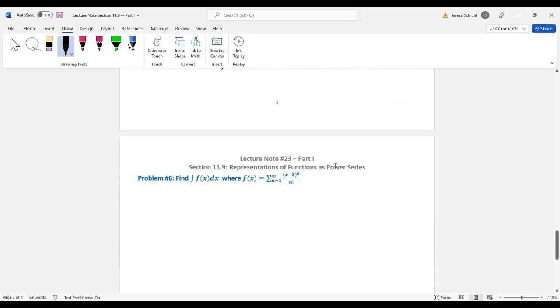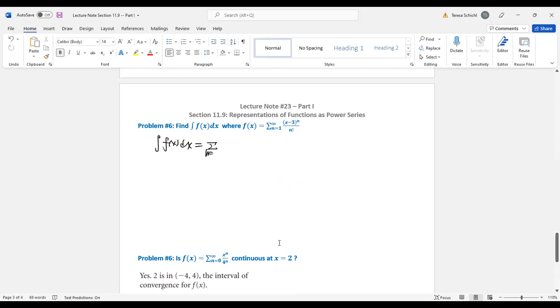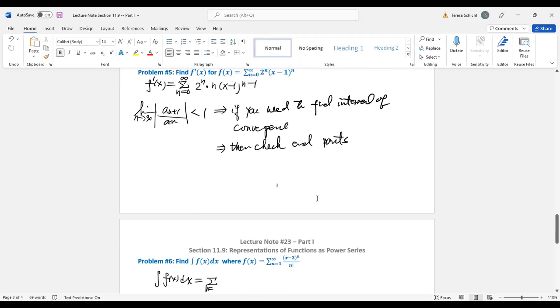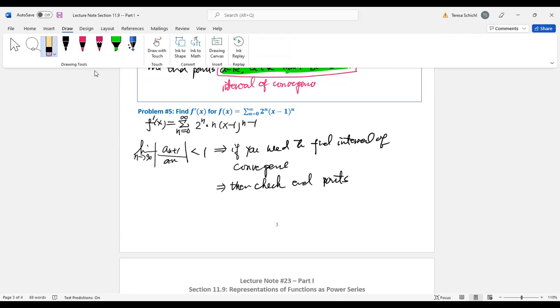Okay, so now let's take a look here. They said find the integration of f of x. This one is the same thing. The integration of f of x dx is equal to the summation, n starting from... let me see here, I need to be careful here, right? In here, I should put an f prime.